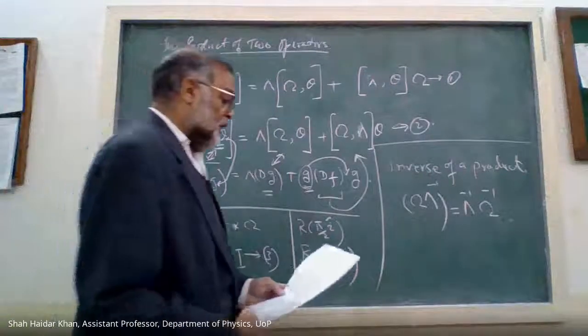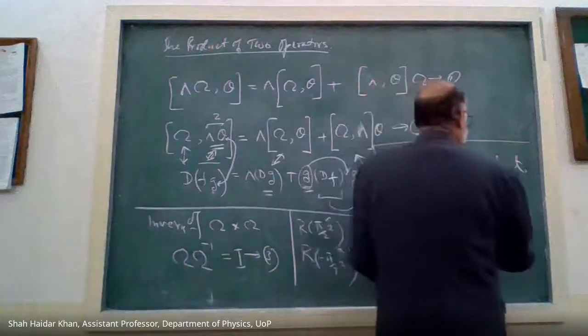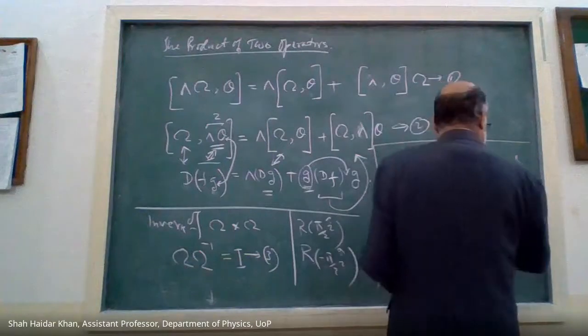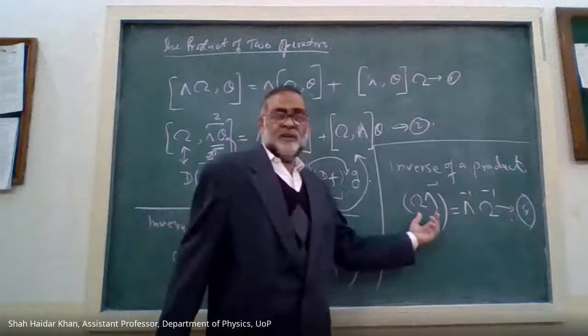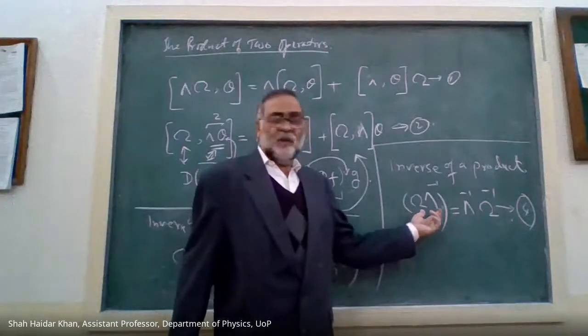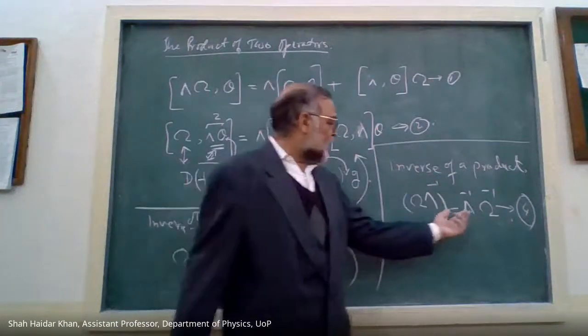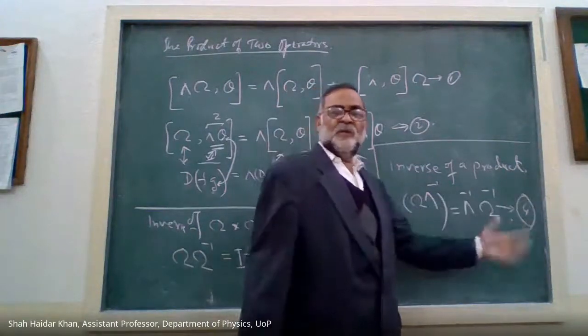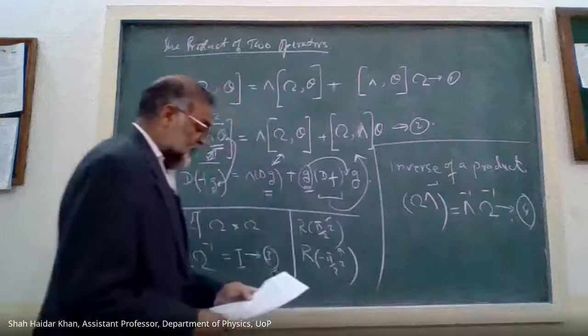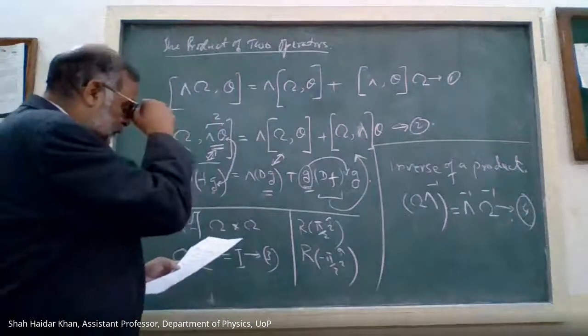You have to remember all these. So if you have a product of two operators and you want to take the inverse of it, you just change the order and take the inverse separately. Then that will be the answer to the problem.